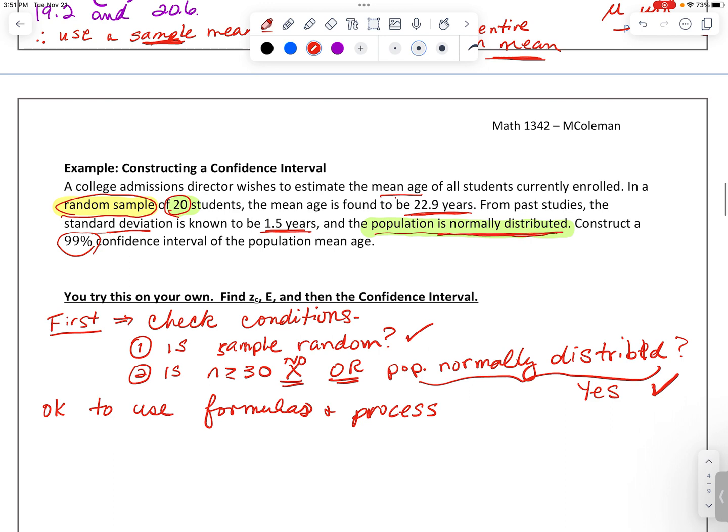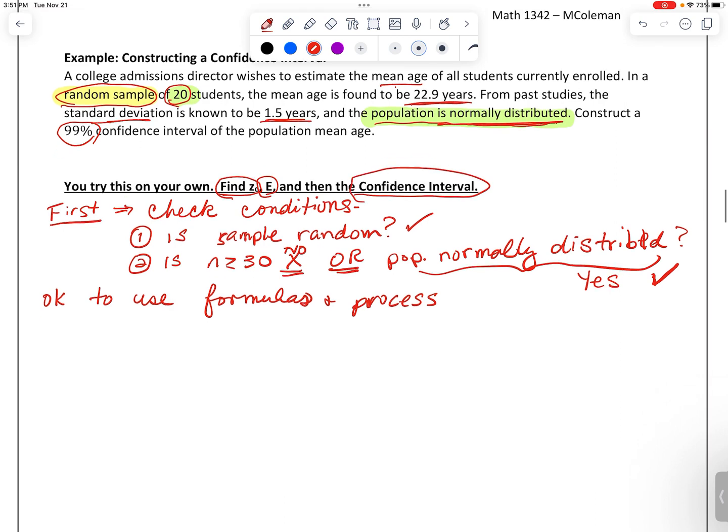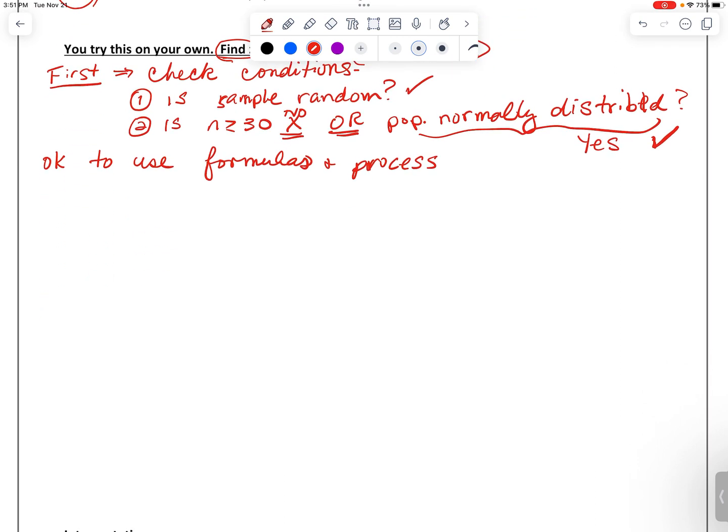So what we're after here is my ZC, my E, and then my confidence interval. So this is step one, we need to find the x bar. So how do you do that? You need to find what the n value is. What is that n value? You need to find the standard deviation. You need to find the C value.